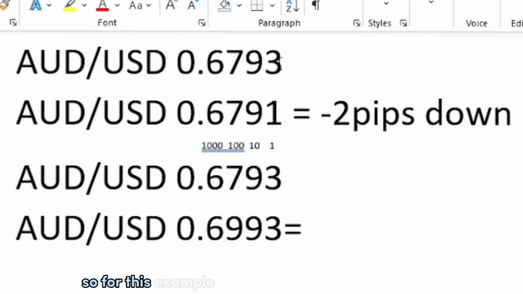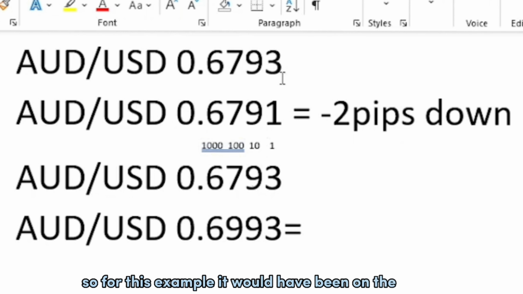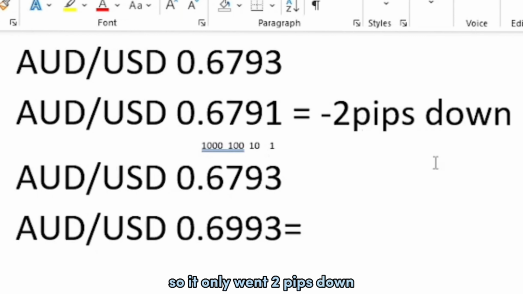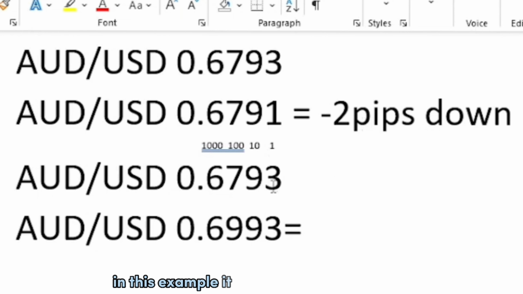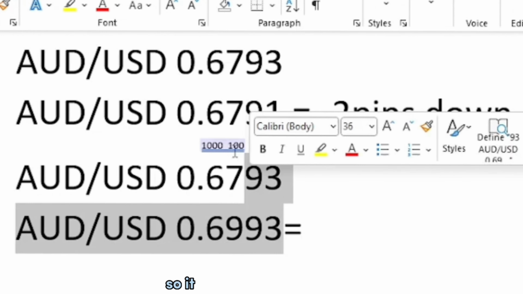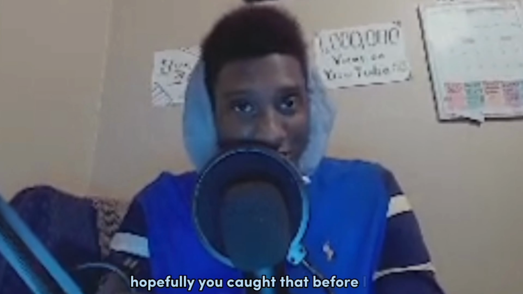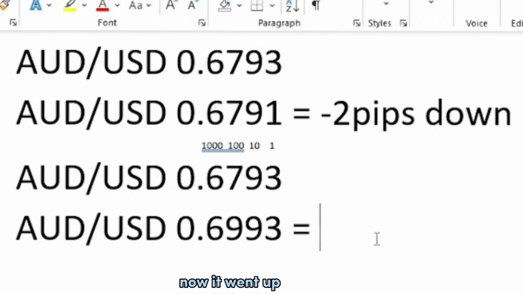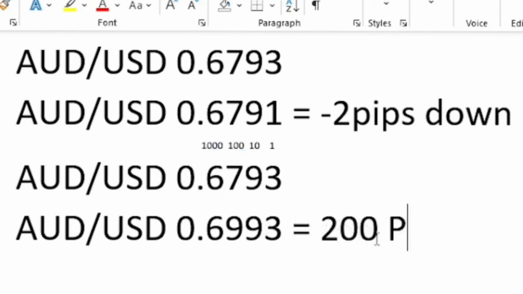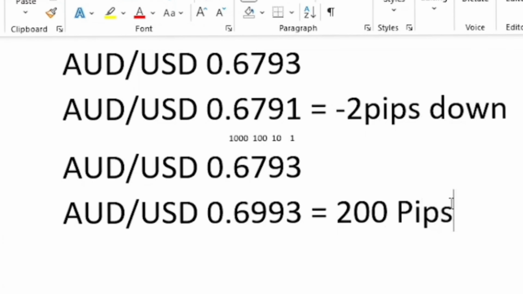So for the first example, it was in the single column, so it only went 2 pips down. In this example, it moved in this column, so it would be the hundreds. It went up, excuse me, hopefully you caught that before I did. It went up 200 pips, in the hundreds column.